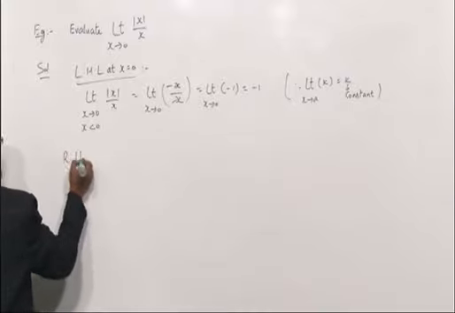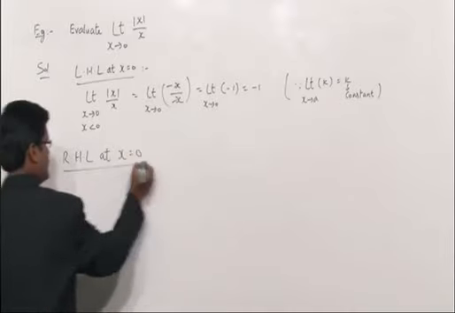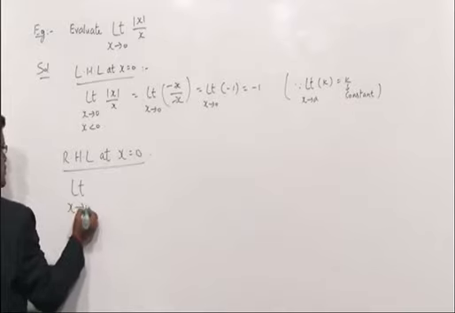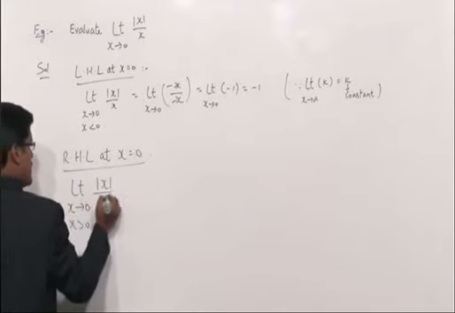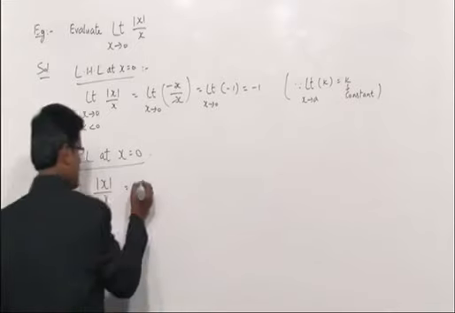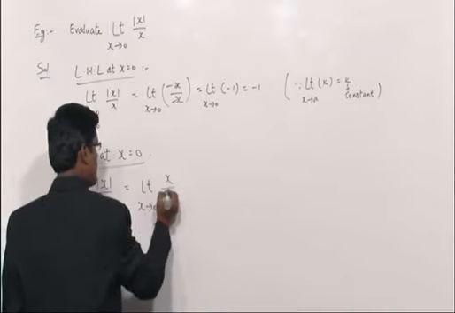Right hand limit, that is RHL, at x is equal to 0. The limit is denoted by x going to 0 and x greater than 0. The function is mod x by x. When x is greater than 0, I gave that mod x is equal to plus x. This simplifies to limit x tends to 0 of x divided by x.